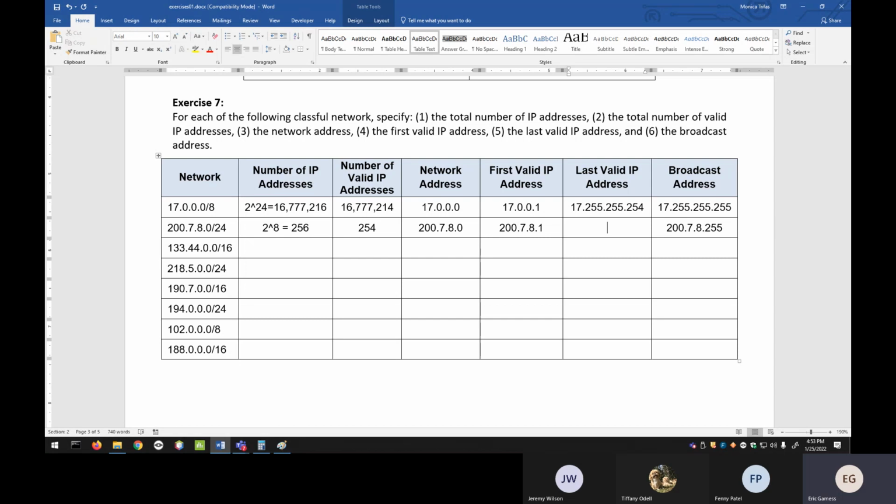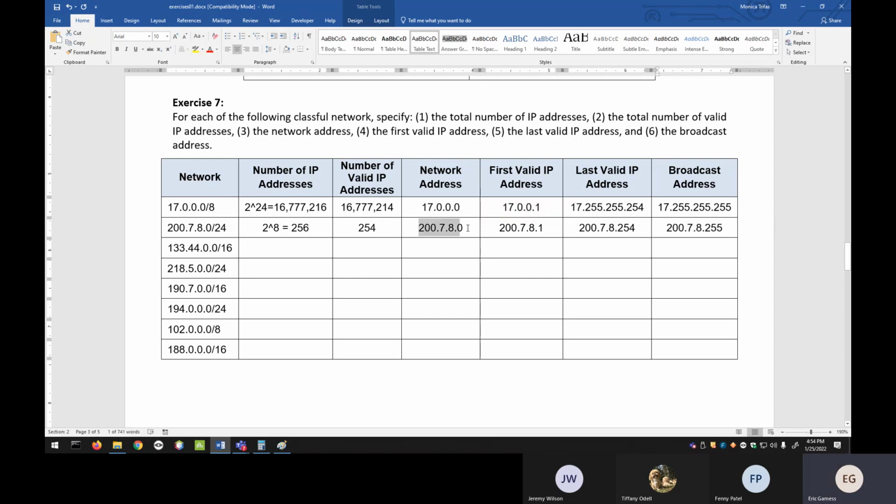Exactly, it will be 200.7.8.254, correct. And look, here we say we have 254 valid IP addresses. Count the IP addresses that go from .1 to .254. How many valid IP addresses do you have? 254, because we lose this one, and we lose this one.